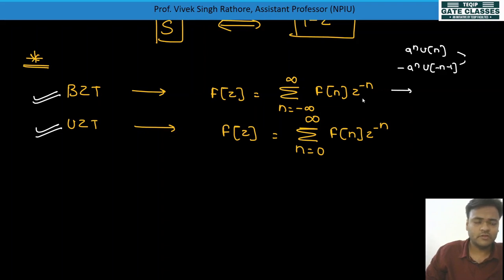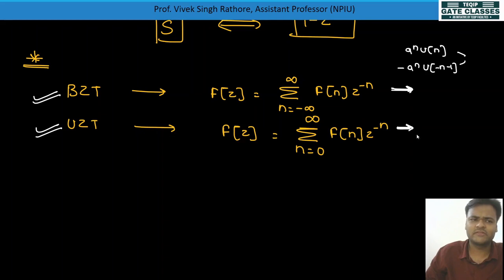So we can classify two signals based on the ROC, otherwise the Z expression will be the same. But for the unilateral case there is no need to mention the ROC, because the expressions are anyway unique. There will be a region of convergence, but we don't have to mention it.